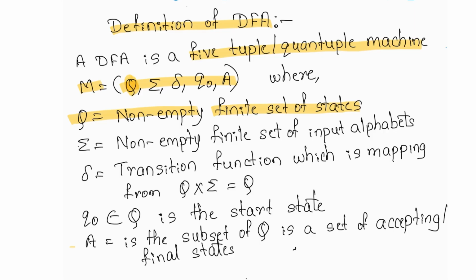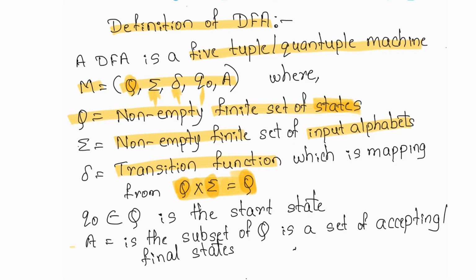Next, sigma is a non-empty finite set of input alphabets. Then delta is the transition function, which is a mapping from Q, that is states, and for each input symbol it moves to another state or remains in the same state. So this can be written as Q cross sigma to Q.